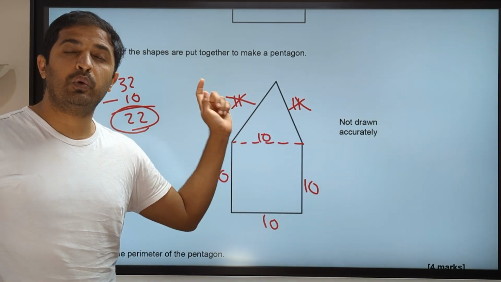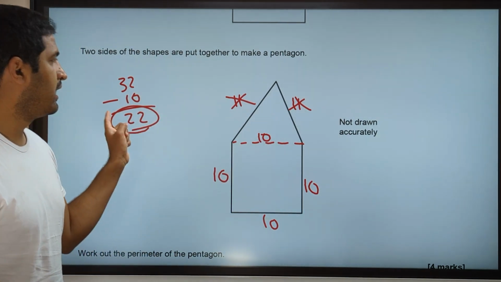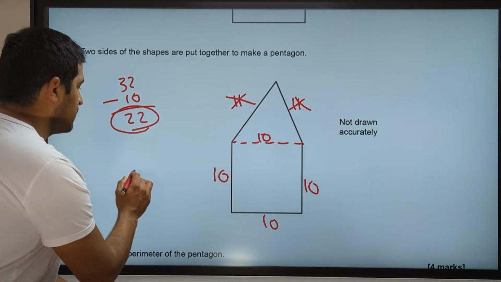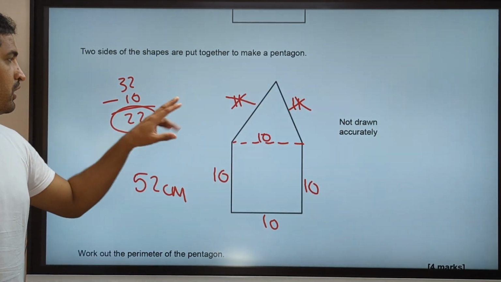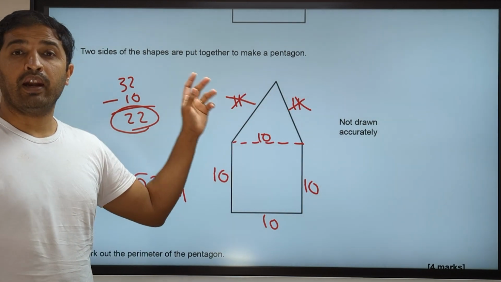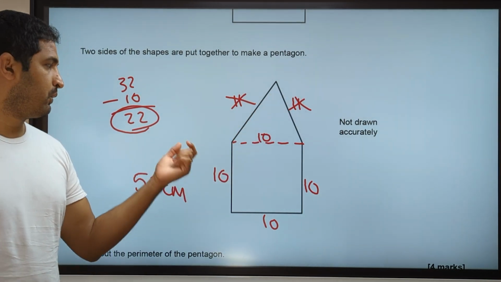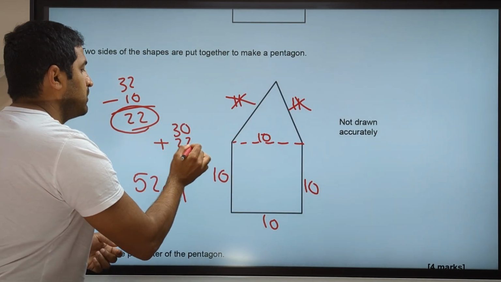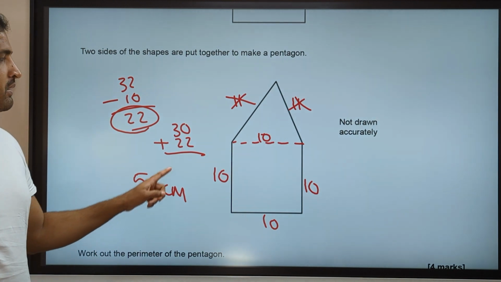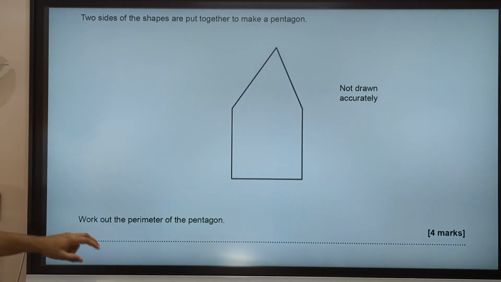If you put 11 there, you ended up losing marks, even though you get the right answer, saying this 30 plus that 22 gives you 52 centimeter of perimeter for this pentagon. You lose marks if you put 11 there, because there's nothing that suggests these two lines are the same length. All we had to do is 30 add 22 to get 52 centimeter, and that gives you the full 4 marks in this question here.